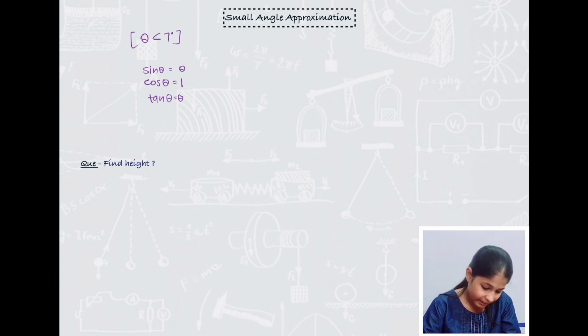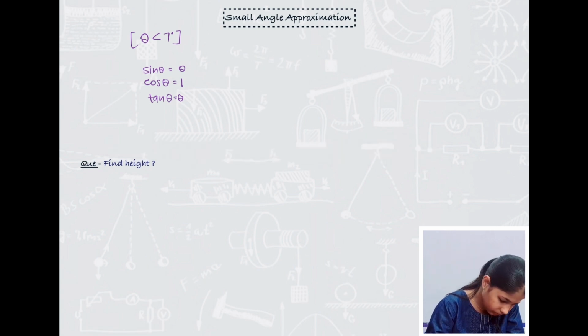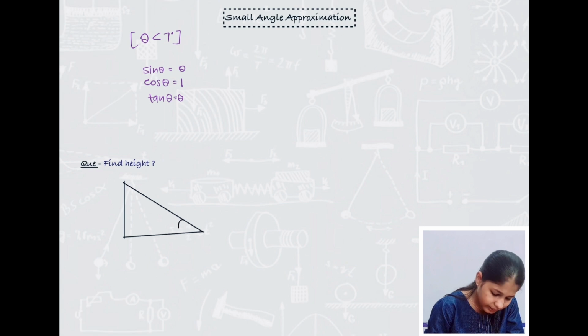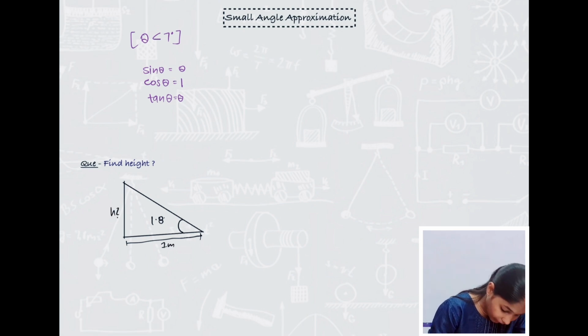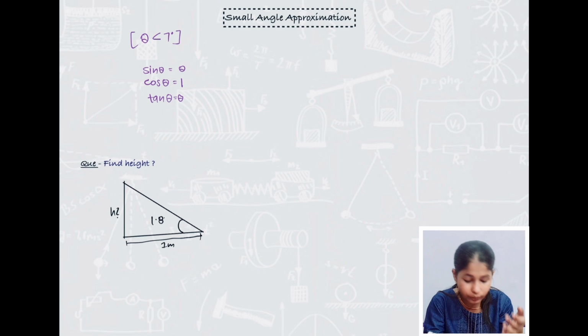Yes. Now, I think the diagram is not there, but I am going to make it. For example, in any situation your theta is given as 1.8 degrees, the base is given as 1 meter, and you have to find the height. How will you find it?